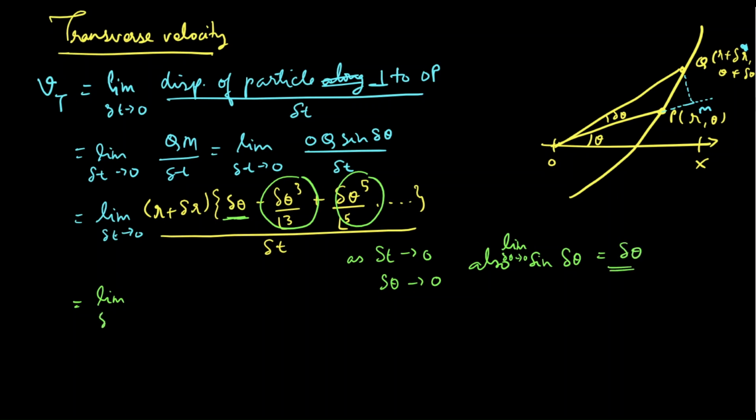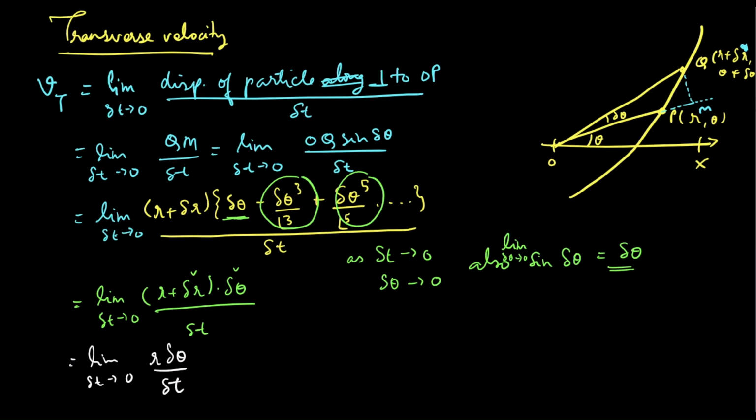So limit del t tends to 0 of r plus del r multiplied by del theta over del t. Now the product of del r and del theta can be neglected. So this can be written as limit del t tending to 0 of r multiplied by del theta, and del r multiplied by del theta, which we are going to neglect.